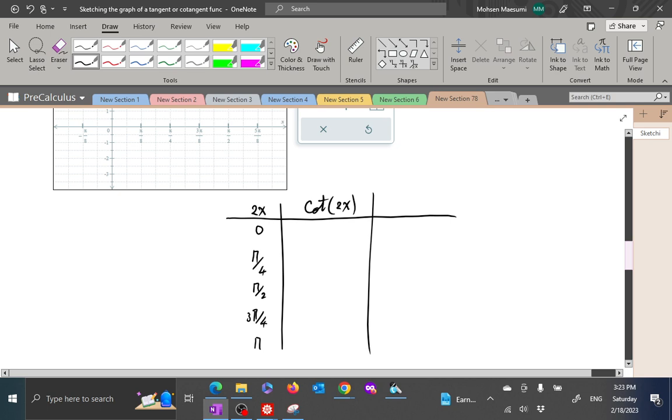Cotangent, so it's plus infinity, 1, 0, minus 1, minus infinity.